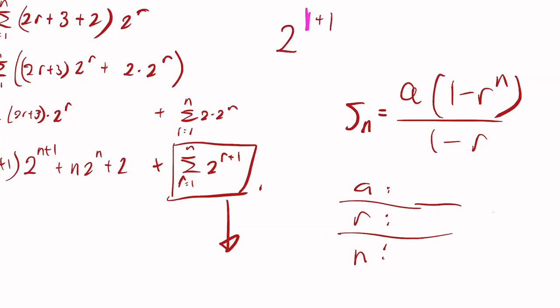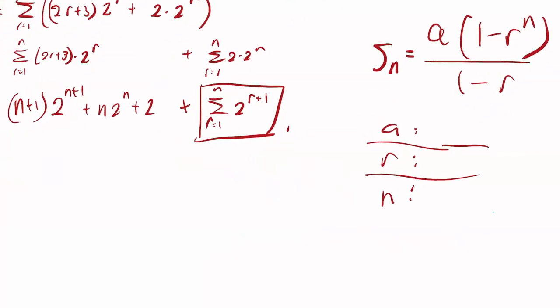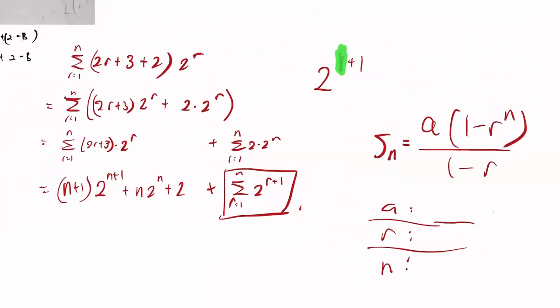Does it make sense? Yes, okay, so the answer is 2 power 1 plus 1, which is 2 power 2, which is 4, not 2. Then the R is, the ratio, you just sub in a few values, I equal to 1, I equal to 2 to convince yourself.